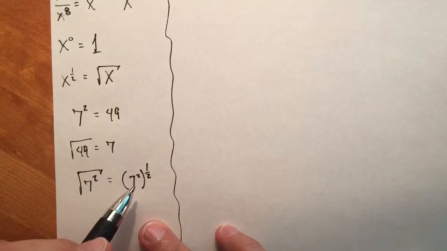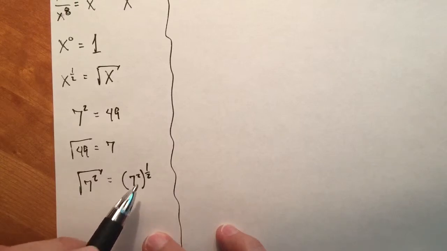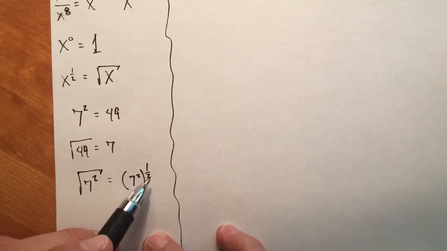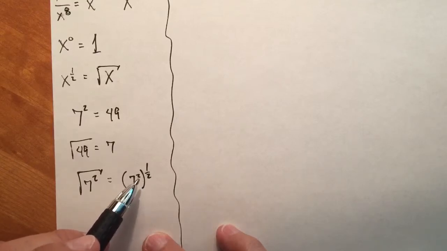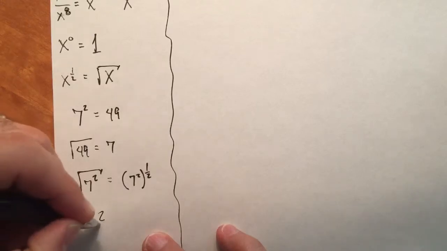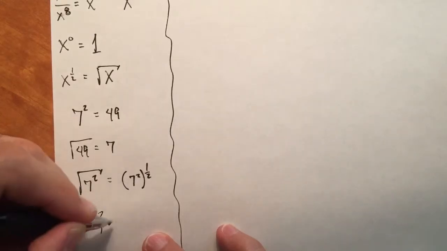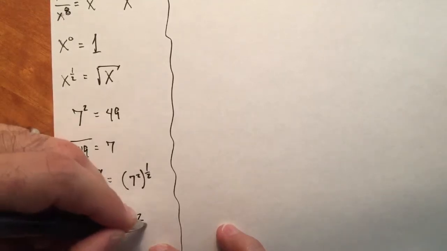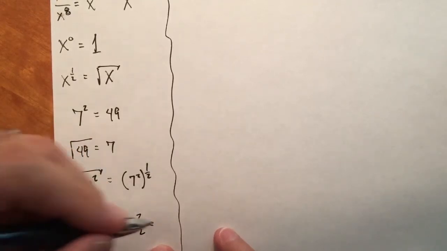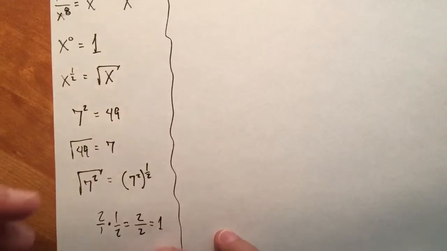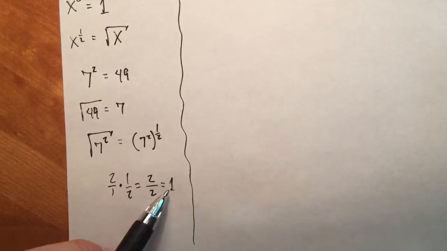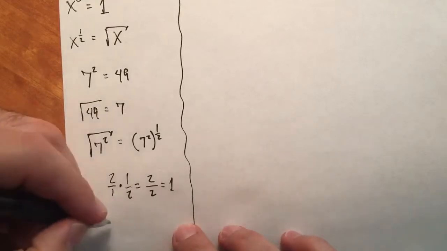And something that we also saw in last class was when we have this situation, we don't add the exponents, we don't subtract the exponents, we multiply the exponents. So if we have an exponent of 2, which is really 2 over 1, and we multiply it by 1 over 2, 2 times 1 is 2, 1 times 2 is 2, and 2 divided by 2 is 1. So these exponents create a power of 1.